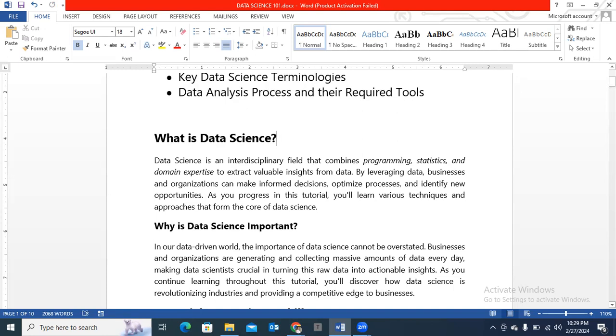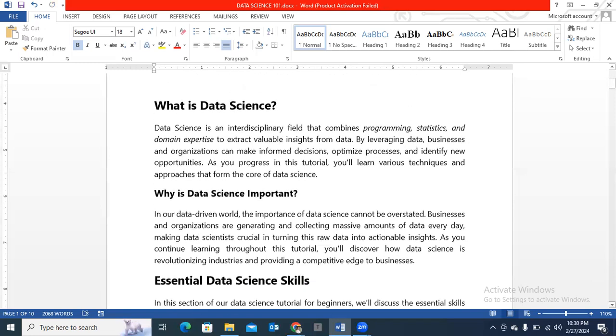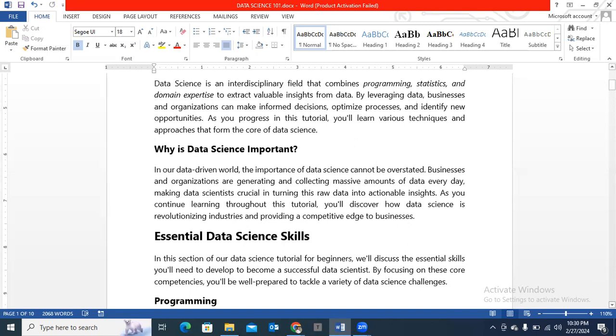So why is it important for us to learn about data science? We're actually living in a data-driven world. Everywhere we go today, we hear about data. When you get to the bank, you hear data.